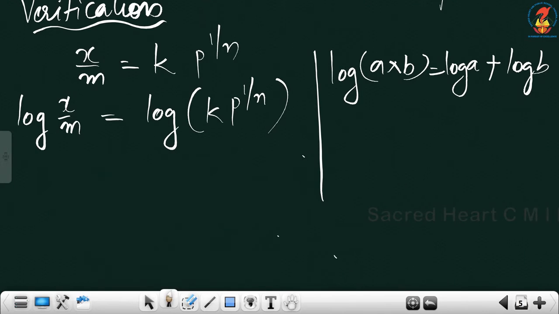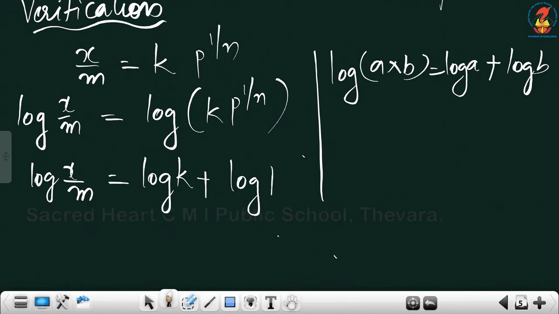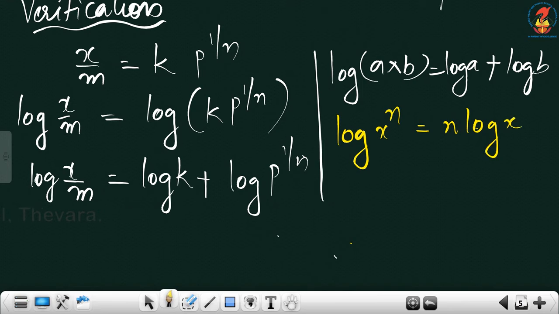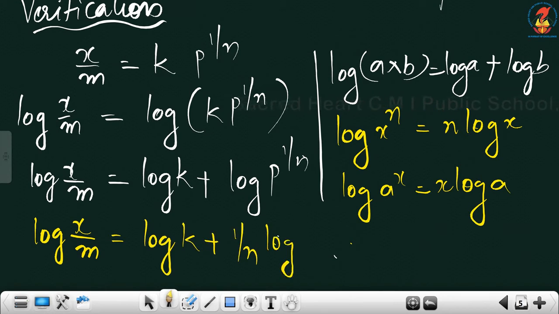So this can be written as log x by m is equal to log k plus log p raised to 1 by n, and we know that in maths log a raised to x is x log a. So we can write this equation as log x by m is equal to log k plus 1 by n into log p.